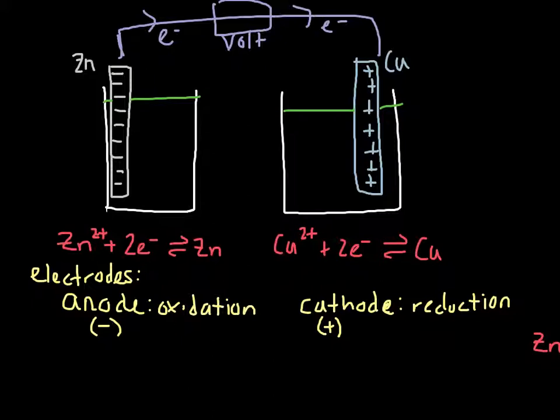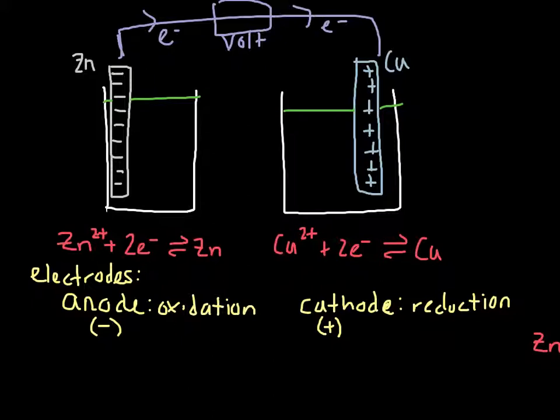The anode is always where oxidation occurs. So the element that is more readily oxidized or is the stronger reducing agent is going to be your anode. The opposite side is going to be your cathode. So cathode is where the positive side is, and that is going to be where reduction occurs because it wants to gain the electrons that are being lost from the oxidation side of the cell.